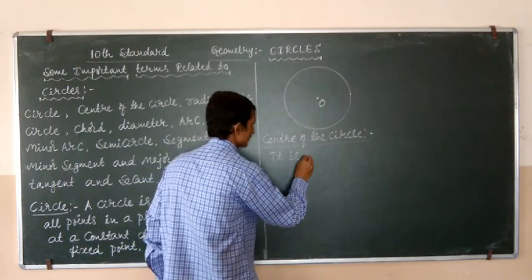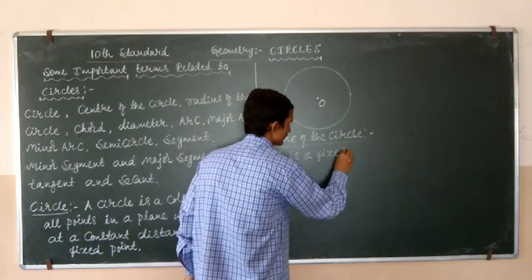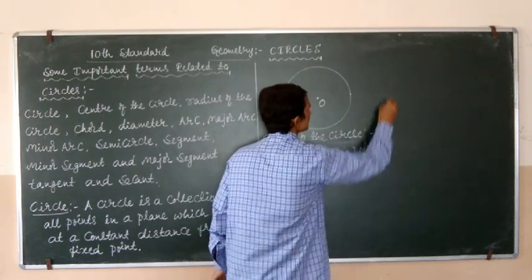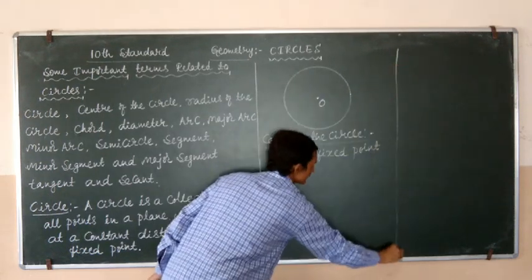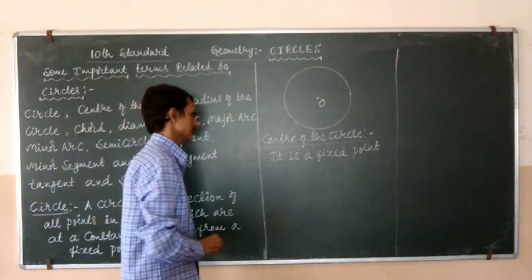From the definition, a fixed point is called the center of the circle.